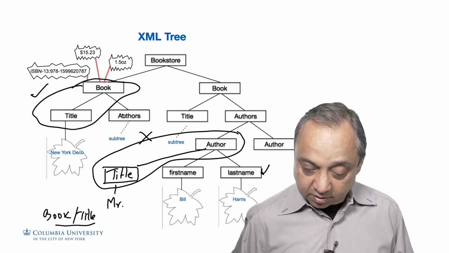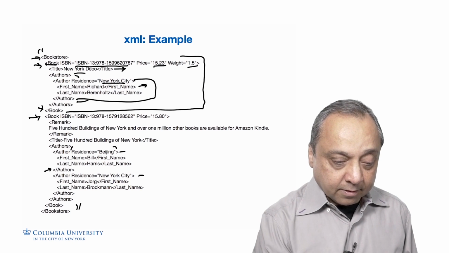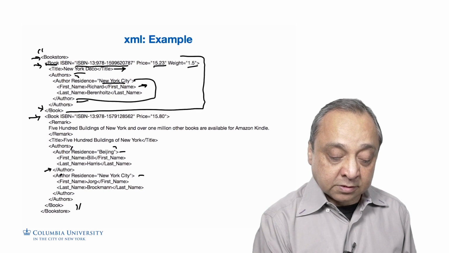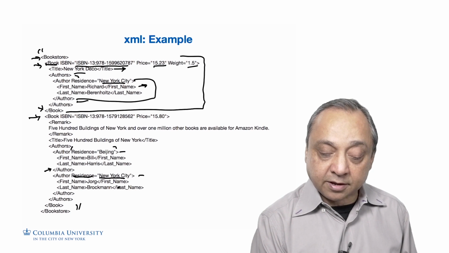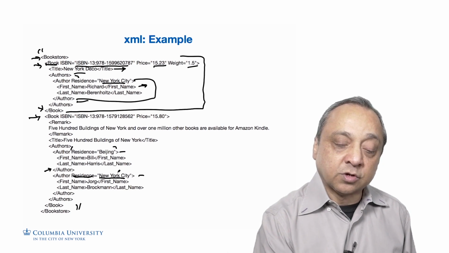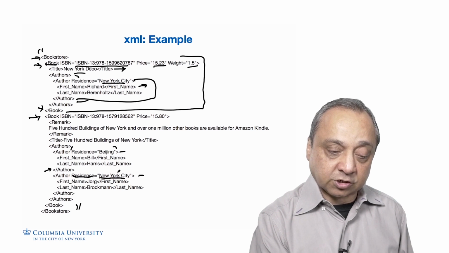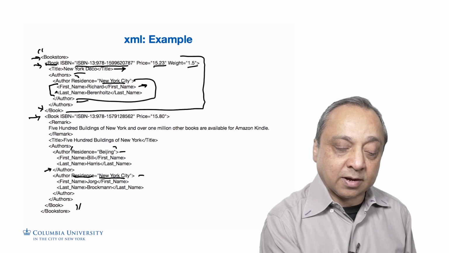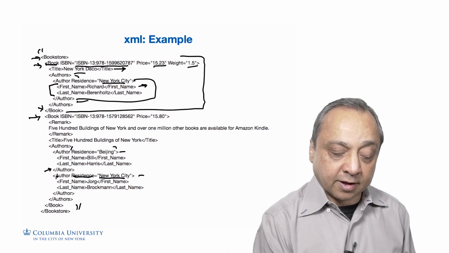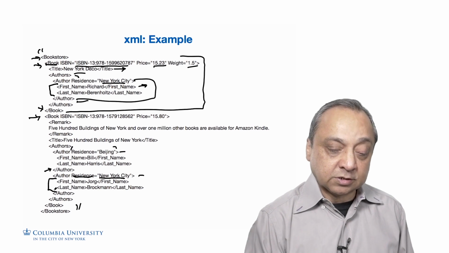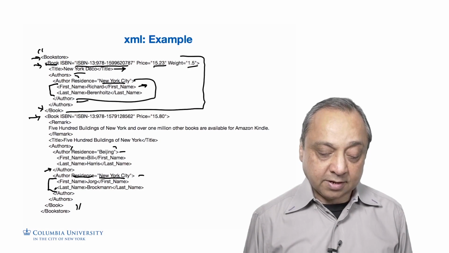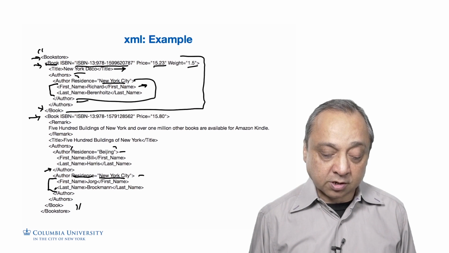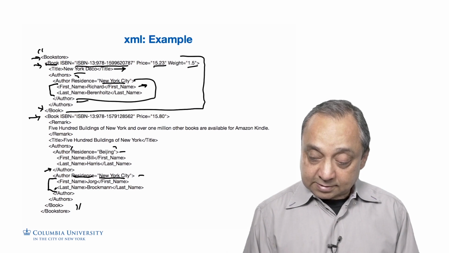In our structure over here, authors has an attribute called residence, and that residence is New York City here. So from our data structure, we want to pull out the first name and last name of this author and the first name and last name of this author. So what we should see is 2 lines. The first line should say Richard Barinholtz, and the second line should say Georg Brockman. That's it. Thank you.